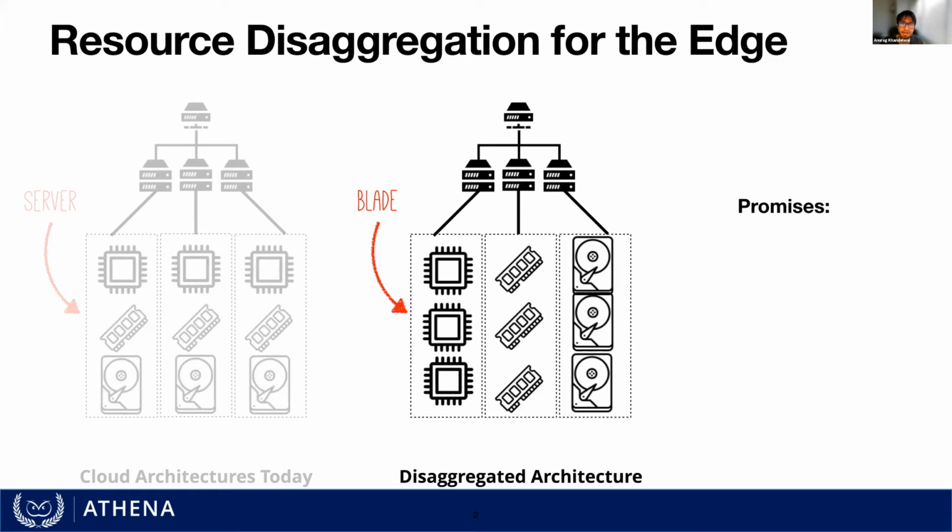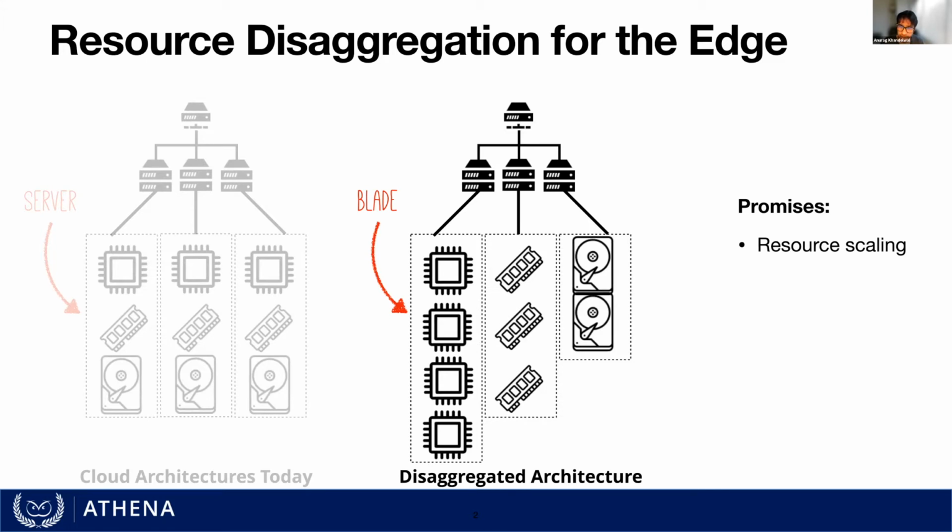And this kind of architectural change promises a lot of interesting new benefits, which is particularly advantageous for edge data centers. For instance, you get transparent resource scaling. You can scale each resource independent of the other and make sure that the amount of resources you have is just sufficient to handle the workloads that you are serving.